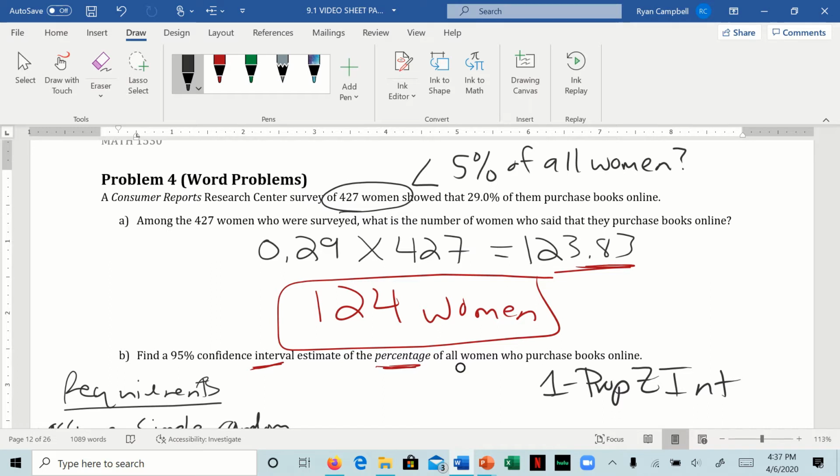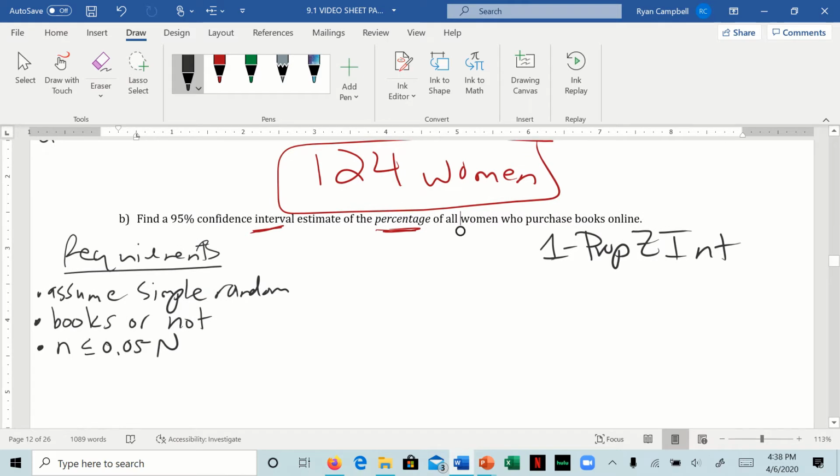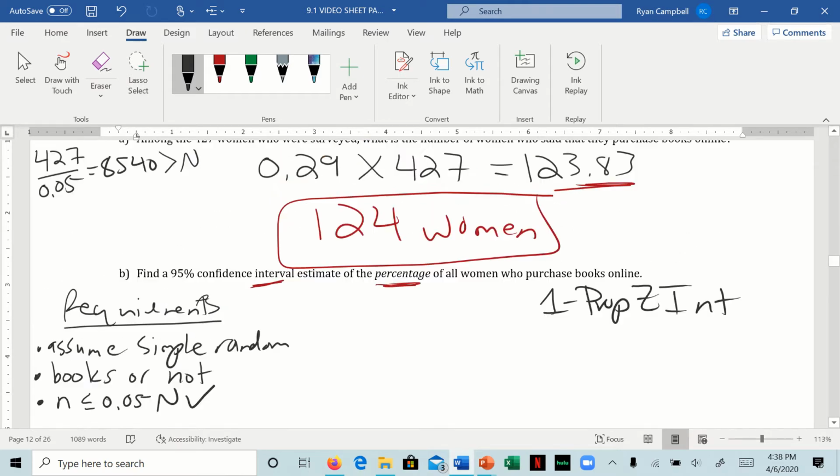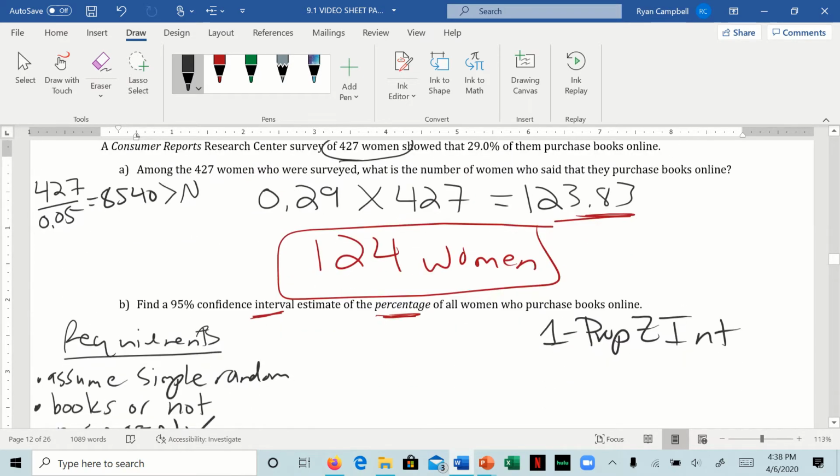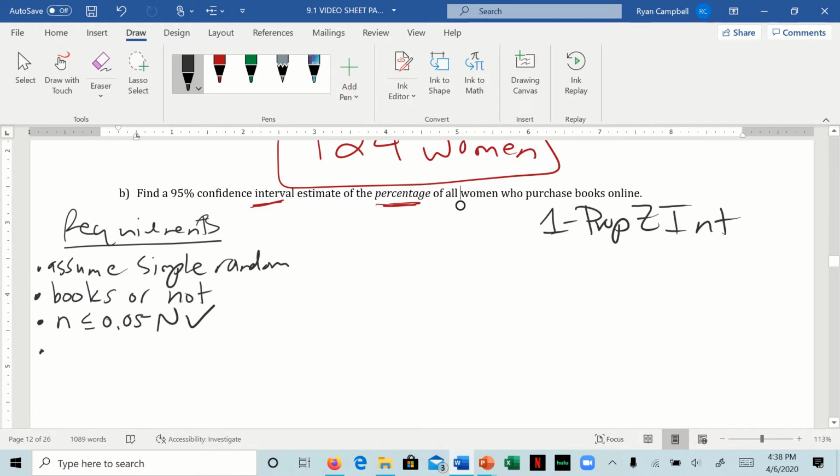If you want hard numbers, we can actually do 427 divided by 0.05. And when we do that, we end up with 8,540. And since there are way more than 8,540 women in general, we know that our sample size is definitely less than 5%. So that totally works.